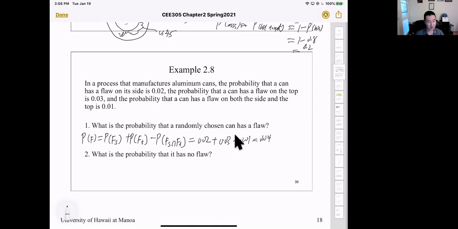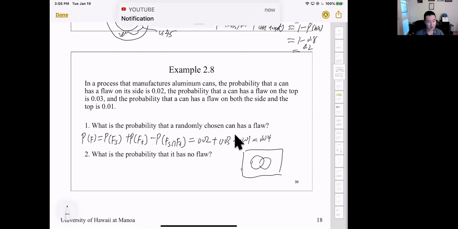If we draw a diagram like this, we have two circles. One is for a flaw on the side, the other is a flaw on the top. Then the intersection is a flaw on both top and side, which is 0.01. From there we can also figure out the probability it has a flaw on the side but not on the top.